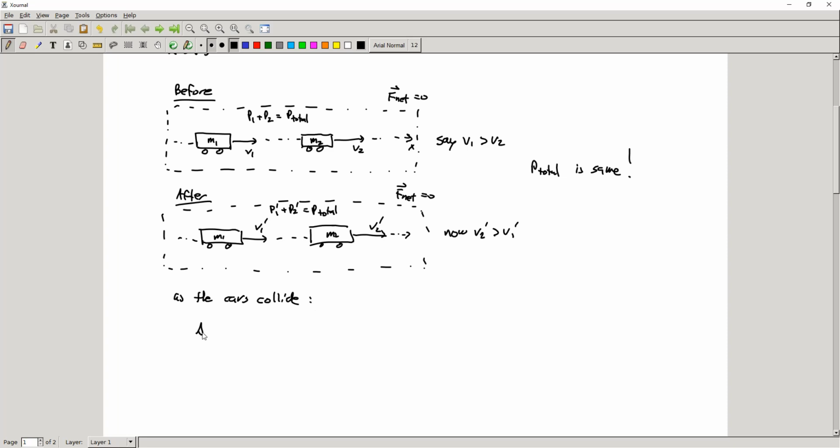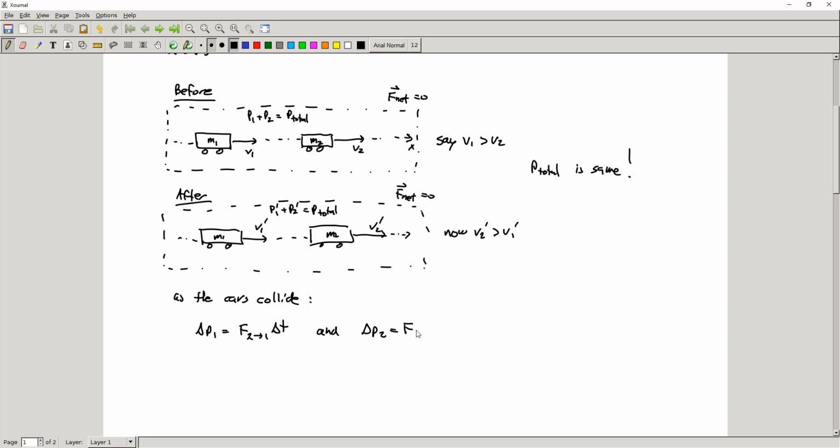Well, we have the impulse experienced by car 1, and this is going to be equal to the force applied by car 2 on car 1, times the amount of time that the cars are in contact for, right? And we have the impulse experienced by car 2.